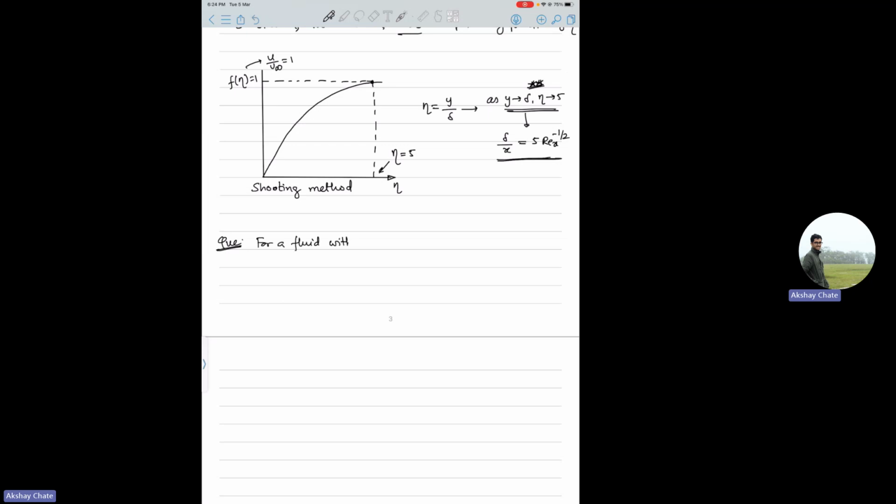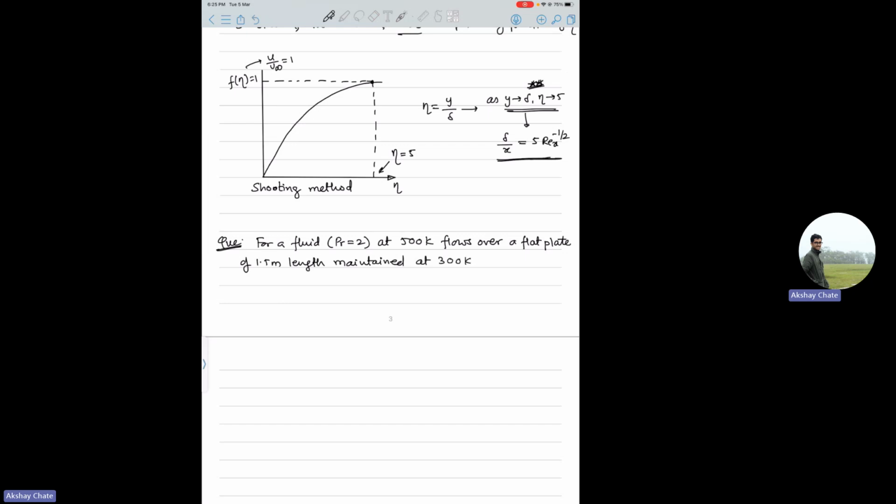For a fluid with, let's say, Prandtl number 2 at 500 Kelvin flows over a flat plate of 1.5 meter length, maintained at 300 Kelvin.